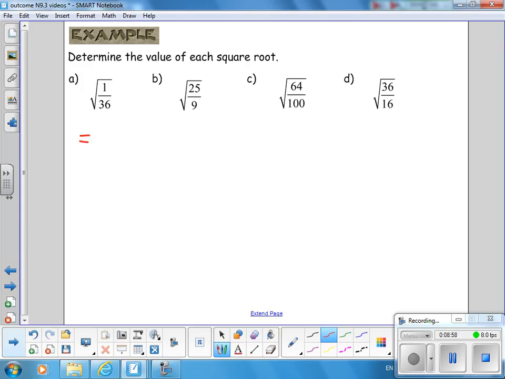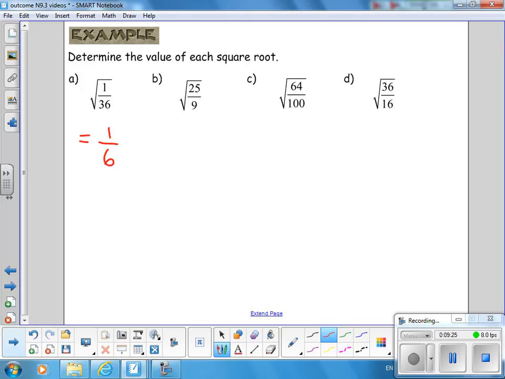So what we do here is we take that fraction and we think about it in two parts. Think about it as the square root of 1. What is a number that multiplies by itself to give you 1? Just the value of 1. 36. What is a number that multiplies by itself to give you 36? Maybe you're thinking of 6. 6 times 6 is 36. So the square root of 1 over 36 is 1 over 6.